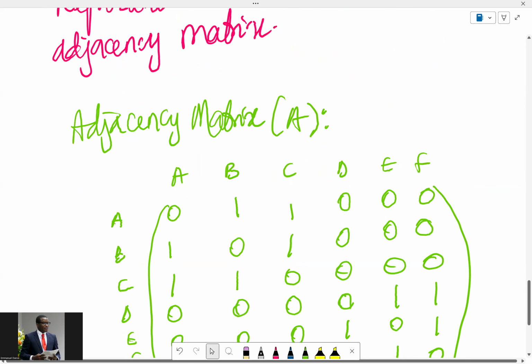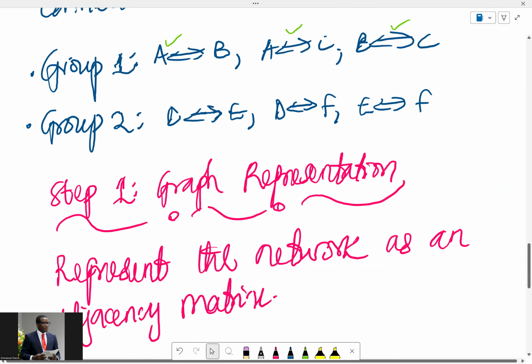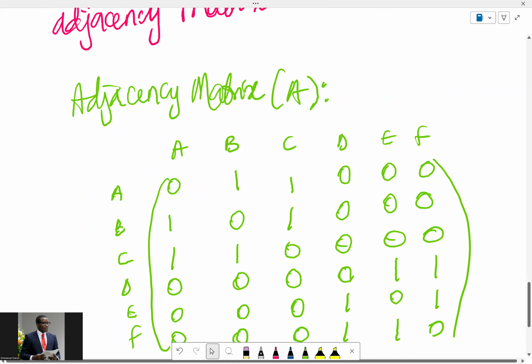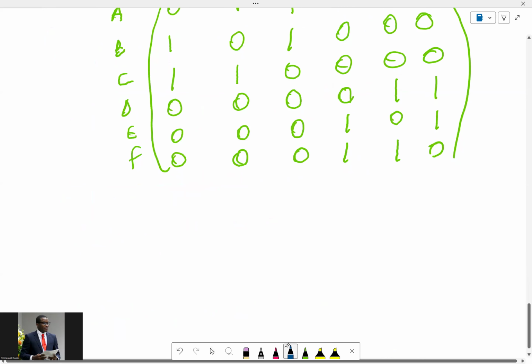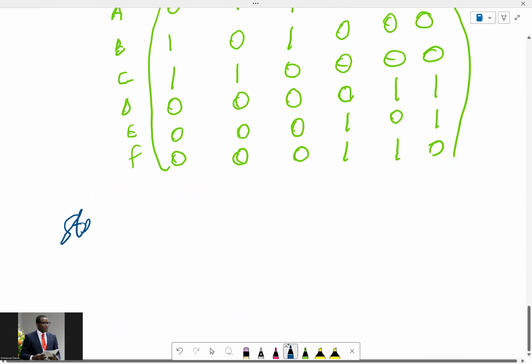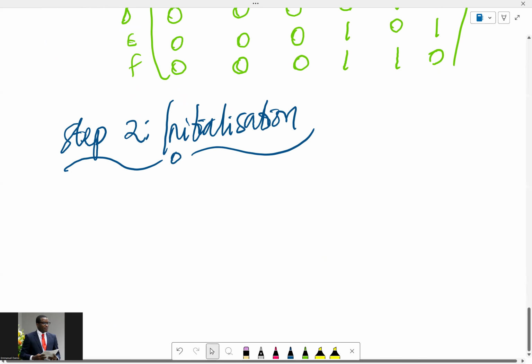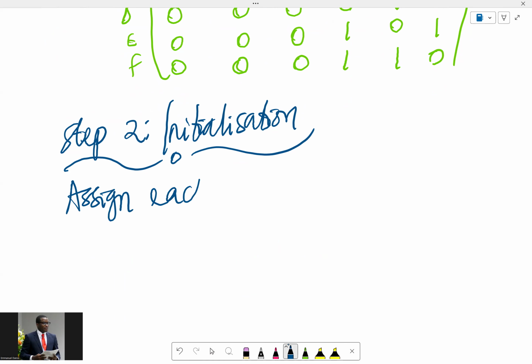So that's the first step: you represent what you have as a graph, as an adjacency matrix. The next step, step 2, is initialization. Here we assign each node to its own community.